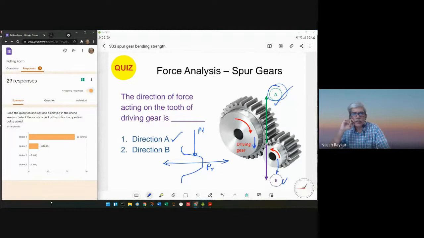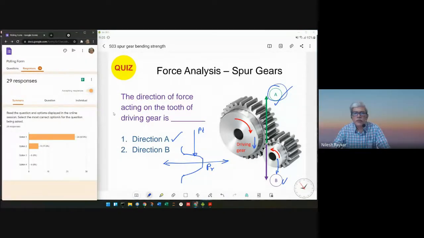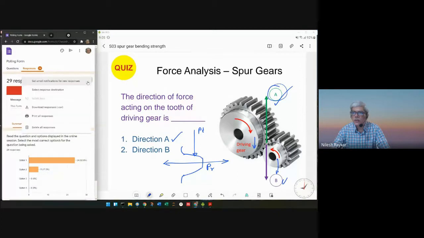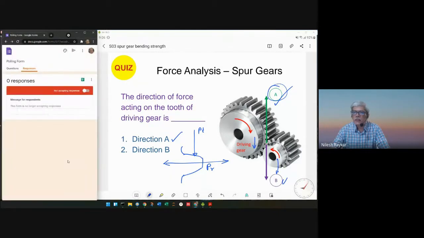Can anybody tell? Towards the center. So the radial force is always towards the center, whether it is a driving gear or driven gear. That's good. So let's solve a numerical problem based on this concept.